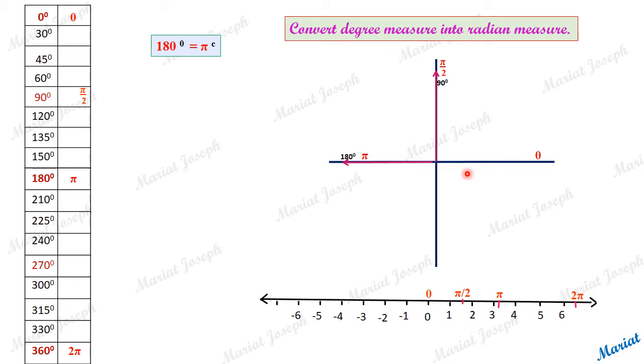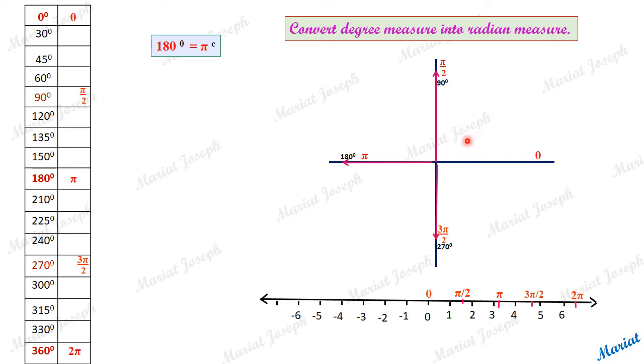In other words, 270 degrees is equivalent to 3 times 90. 1, 2, 3 90s. 3 times 90 is 270. So 90 degrees is equivalent to pi by 2 radians, and 3 times 90 degrees will be equivalent to 3 pi by 2 radians. Here it goes. So 270 degrees is equivalent to 3 pi by 2 radians.